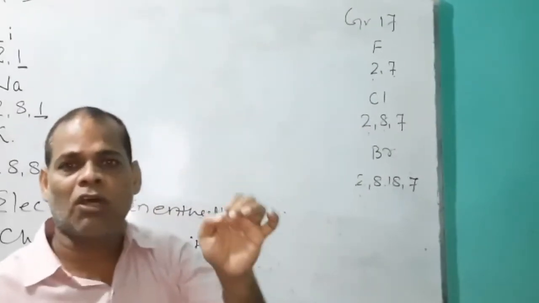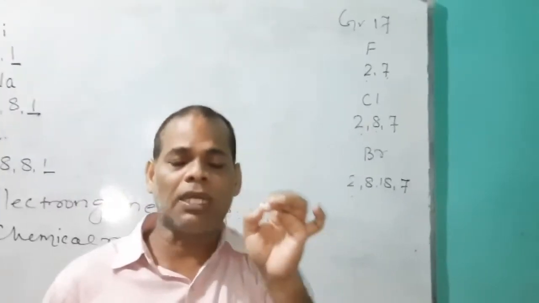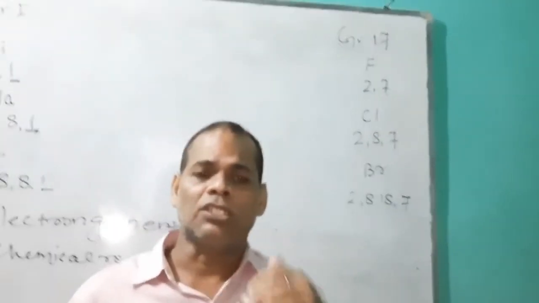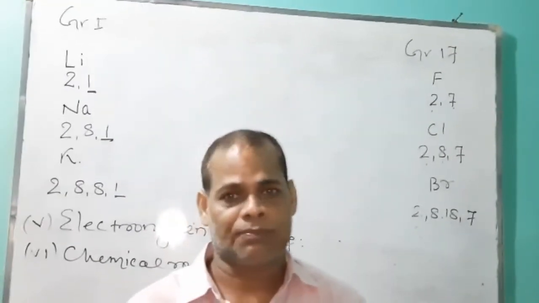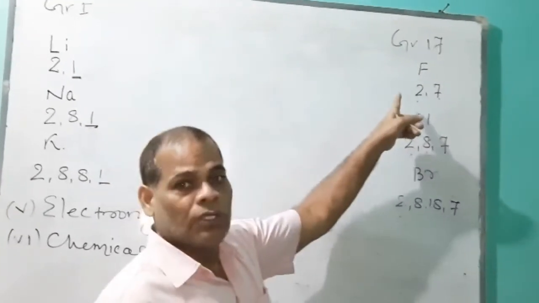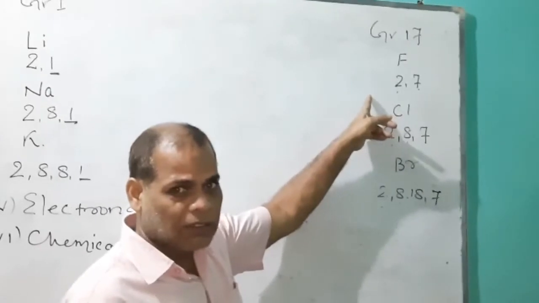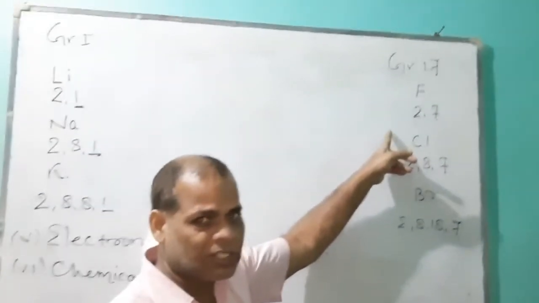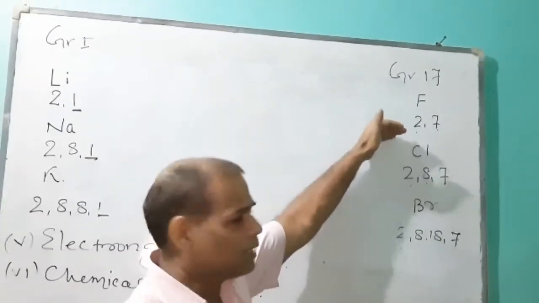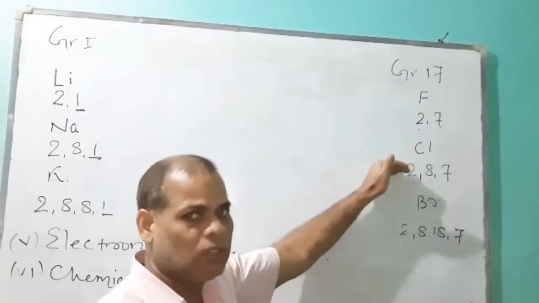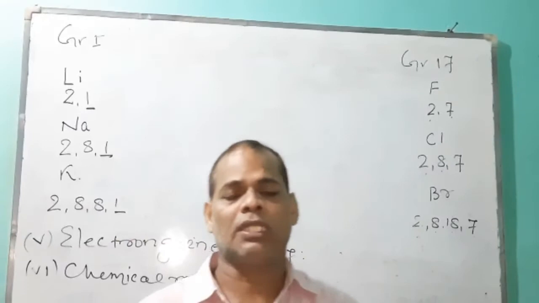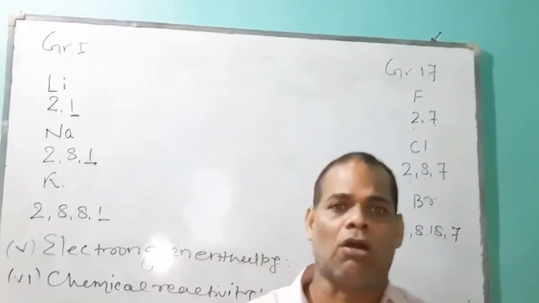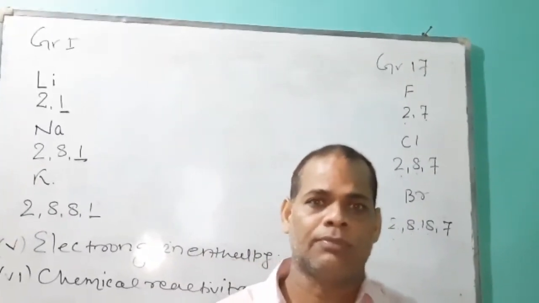The chemical reactivity of non-metals decreases while moving from top to bottom across the group due to increase in the size of an atom.